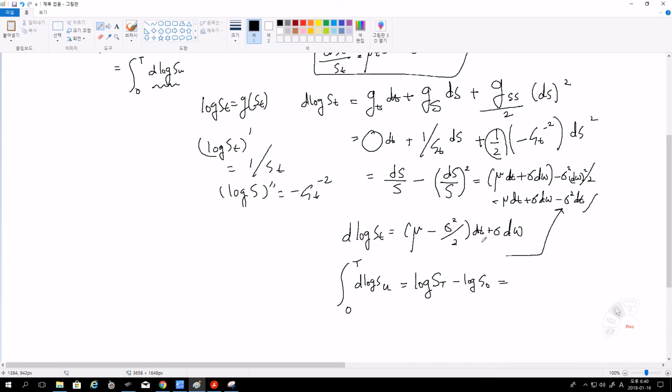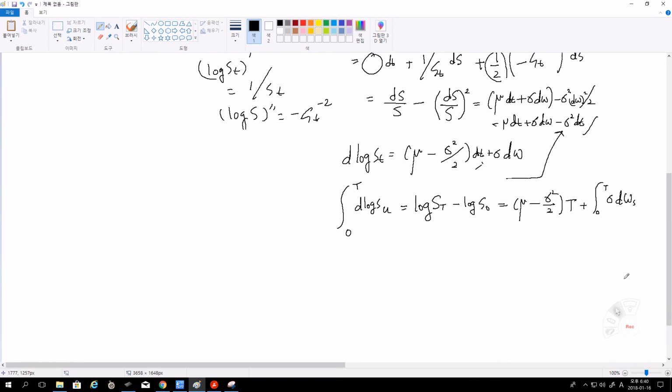The first part, mu minus sigma square over 2 dt, integrates simply to t, because the integral of ds from 0 to t is simply t, right? About the second part, we cannot do much, so we can simply write the integral from 0 to t of sigma dW_s, right?